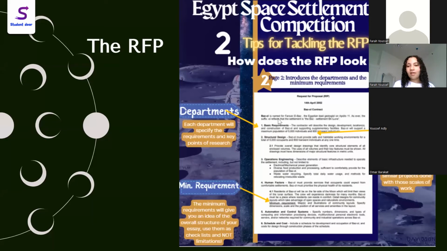All right, if anybody has any questions regarding the second page, feel free to add them in. Just a couple of things that I would like you all to realize about the RFP is that there are different keywords. For example, describe would give you attention to making your answer specific.